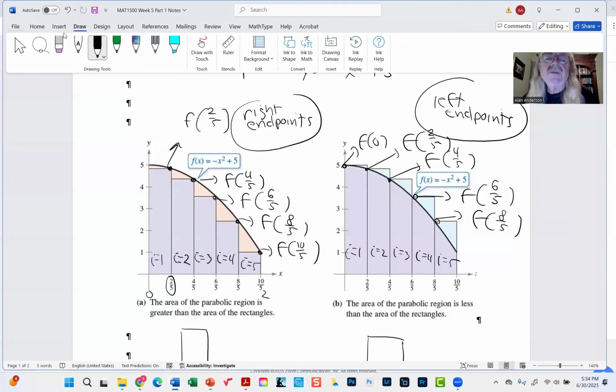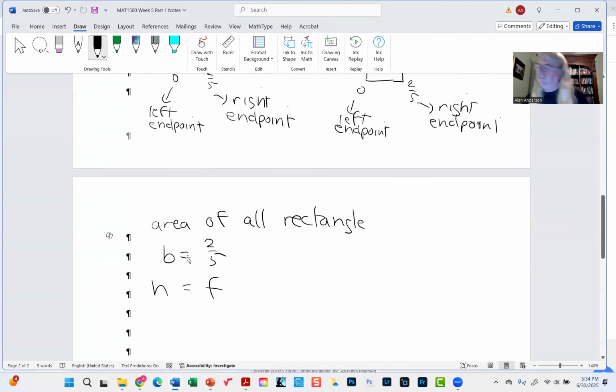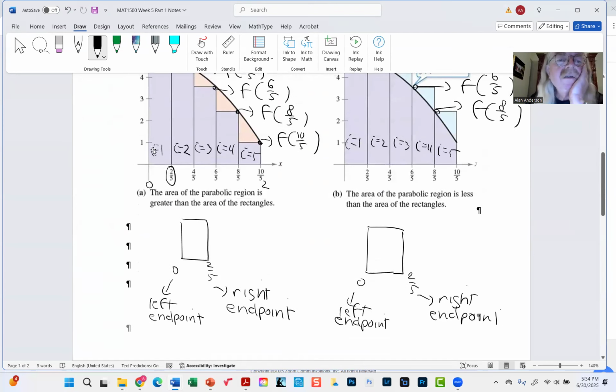Now, if you look at the connection between the i index and these actual numbers, you'll see that each of these endpoints could be represented as 2i over 5. So for the first rectangle, 2i over 5 is 2/5. For the second rectangle, 2i over 5 is 4/5, all the way across.